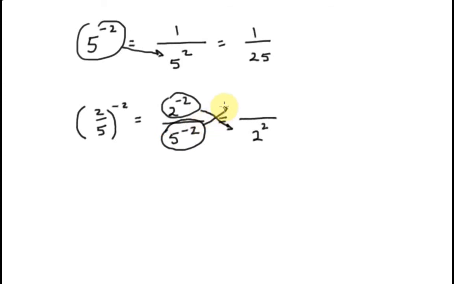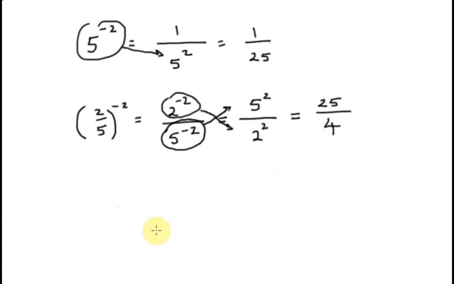When I move it to the top, I change the negative exponent to a positive exponent. And now I can just evaluate these numbers. 5 squared is 25. 2 squared is 4. And that's my answer, 25 over 4.